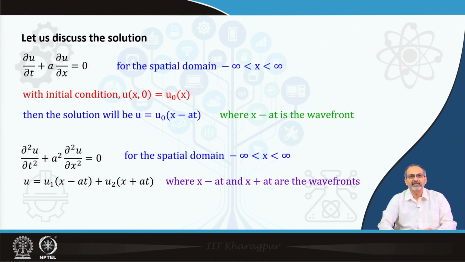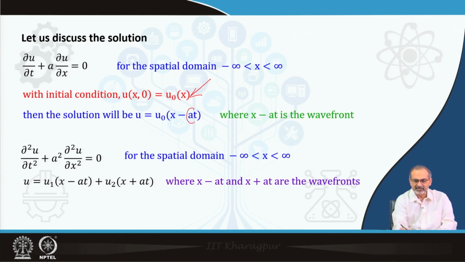So, that is some kind of an initial distribution of the dependent variable u, and then the solution will be u equal to u naught x minus a t, where x minus a t is going to be the wave front as a function of time, and therefore, basically what would happen is that this waveform that you have defined through the initial condition over here, it would just get translated at the velocity a as time progresses.